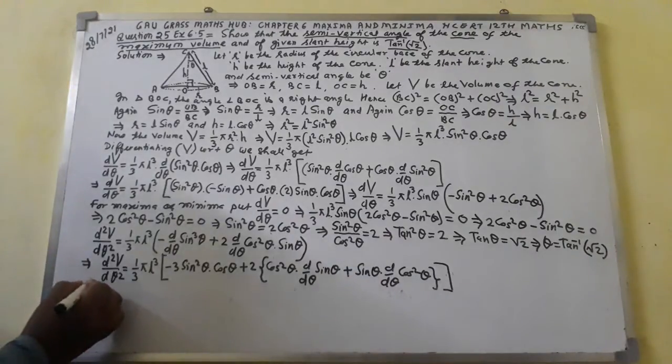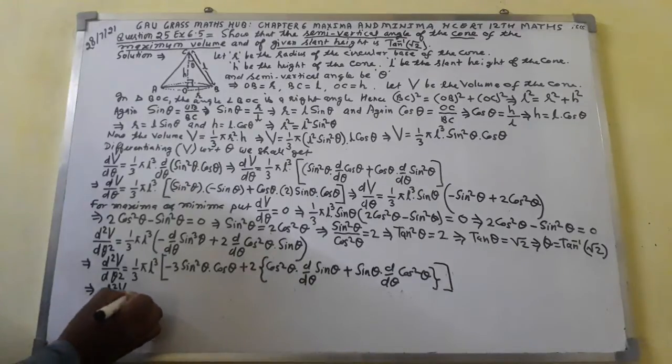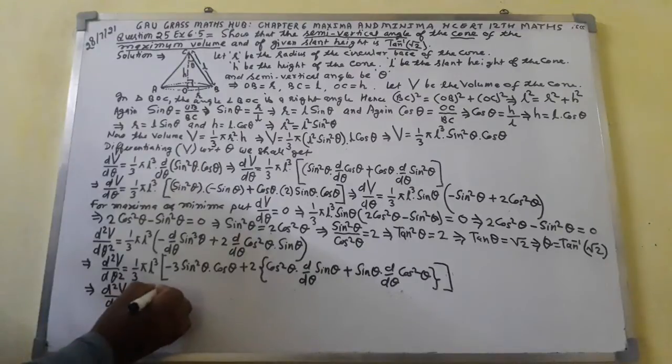So here again I shall write d square v over d theta square equal to 1 over 3 pi L cube.